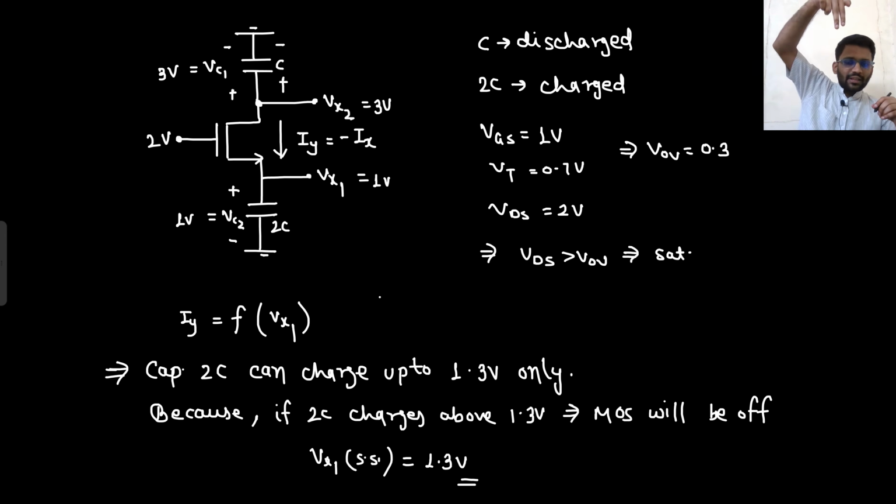So your capacitor 2C is getting charged from 1 to 1.3 volt. So this Iy current was getting out of this, right?